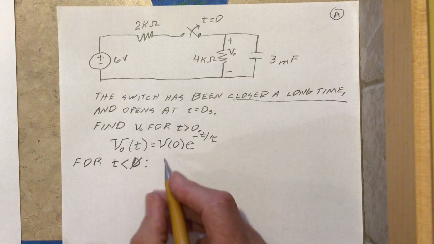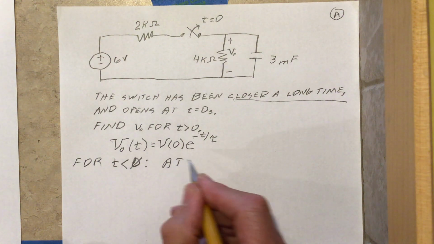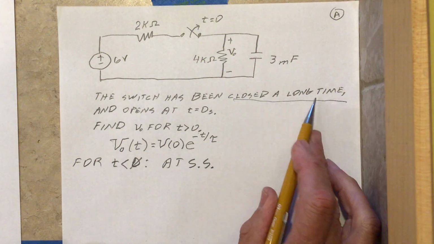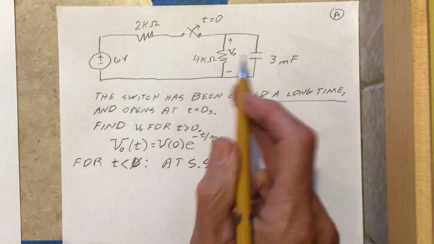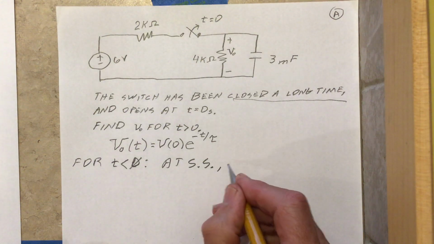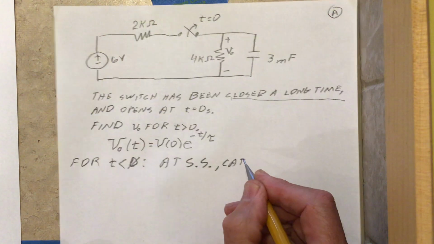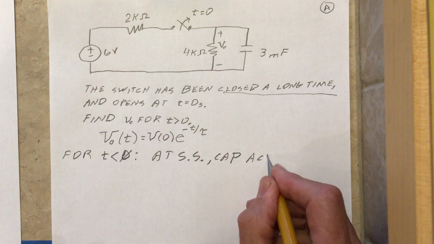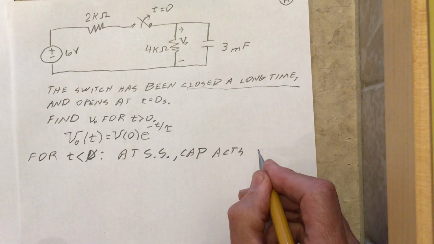And you all know that at steady state, I'm going to be lazy and abbreviate. At steady state, it's been closed a long time, the capacitor is all charged up, and a capacitor acts like an open. Capacitor acts like an open.